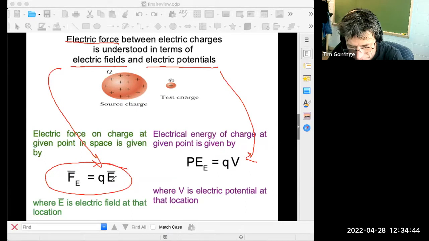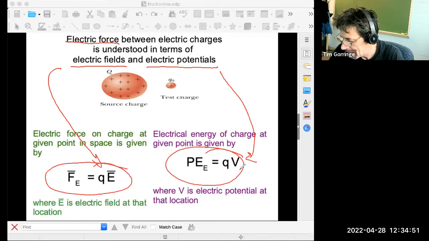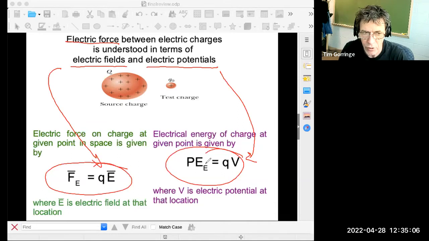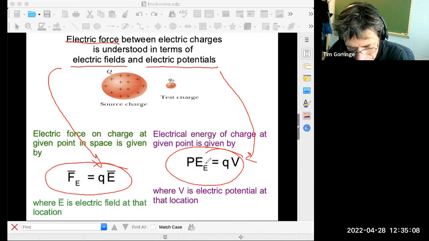It introduced how the electrical field carries the electrical force. And this was an important equation over here on the right. This defined for us the electrical potential and how it's related to the potential energy of an arrangement of charges. So those were very fundamental concepts as we started working on electricity.